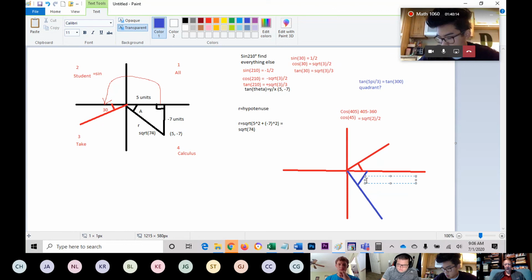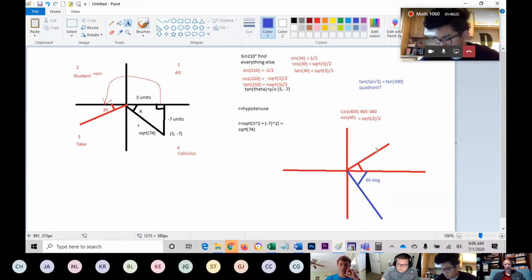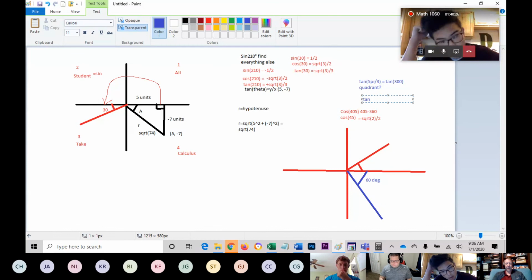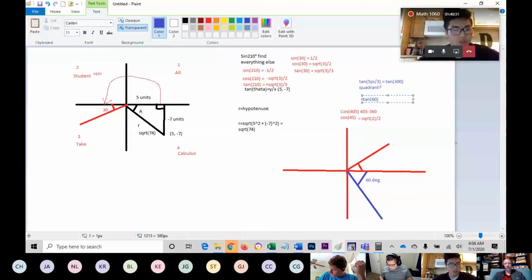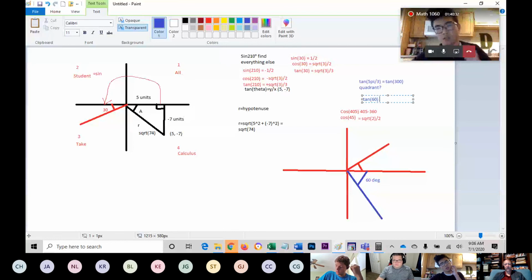Okay, so we're in quadrant 4, with a 60-degree angle. Do you remember what the tangent of 60 degrees is? Square root of 3. Very good, except that was a question.